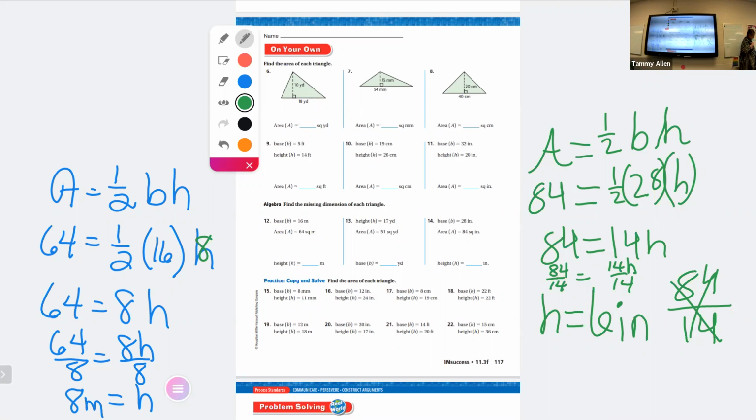Here we go. For your assignment, take a look on page 113, please. On 113, let's do 2 through 8 evens, 10 and 11.